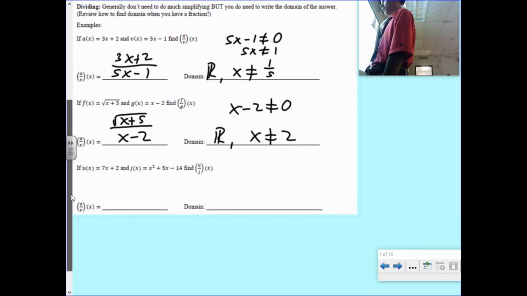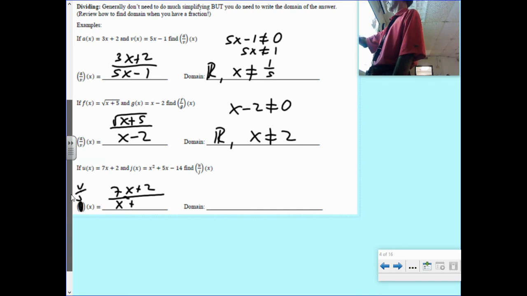Okay, everyone likes when you get to division because there's not a whole lot to do with it. Now, you do have to be mindful of the order. So in this case here, and there's a typo here that this should actually be u over j. Sorry about that. So u over j, so we got 7x plus 2 over x squared plus 5x minus 14.